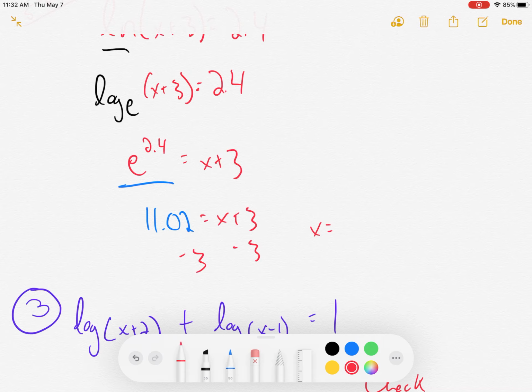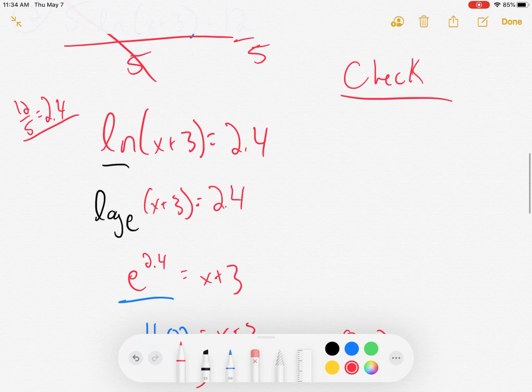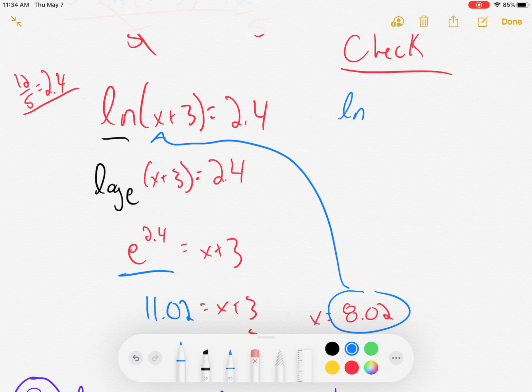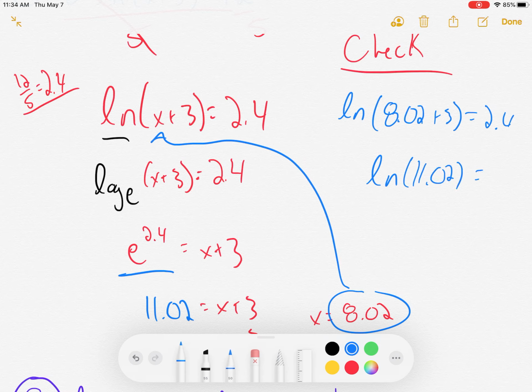We get x equals 8.02. And again, for the check, now I'm just going to plug 8.02 in for x. So I have the natural log of 8.02 plus 3 equals 2.4. Natural log of 11.02 equals 2.4. And again, I'm not taking the log of a negative number, so this will work out.